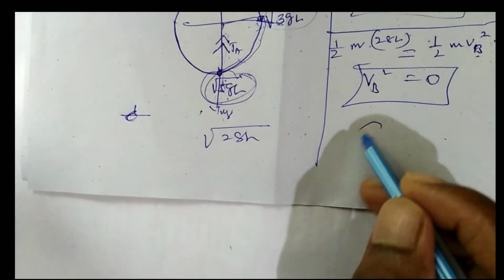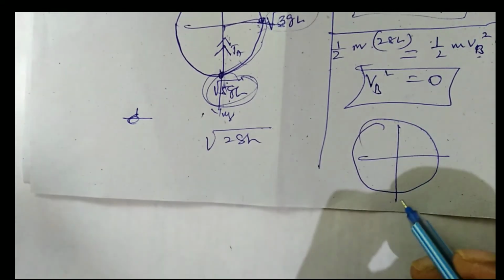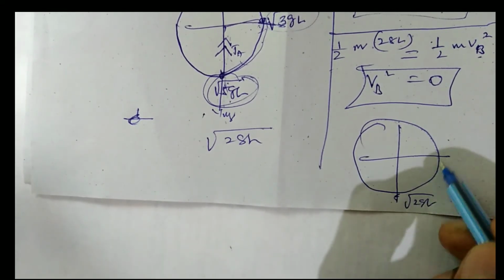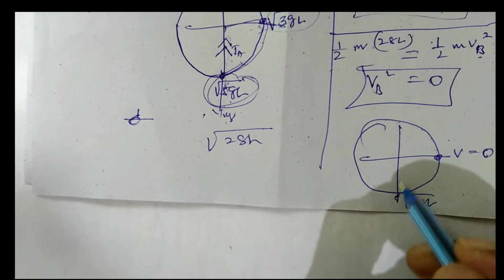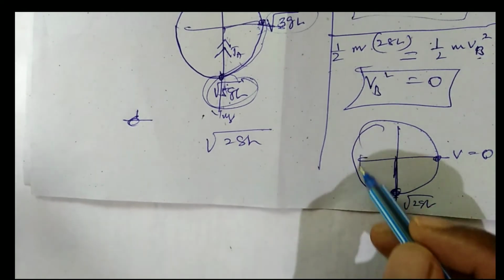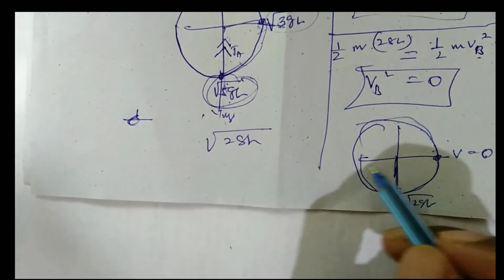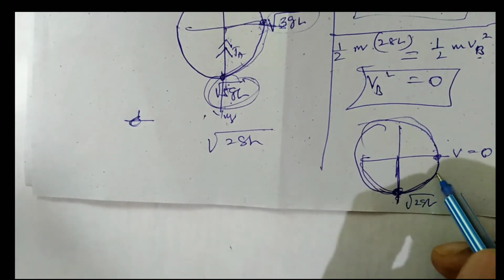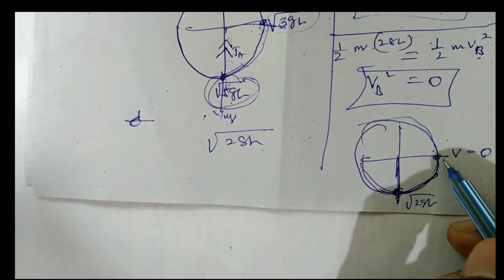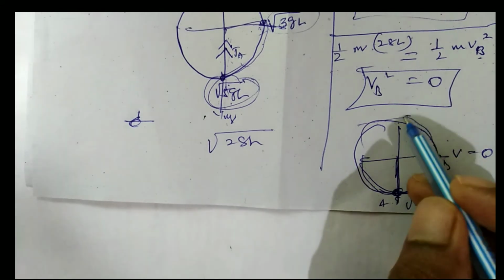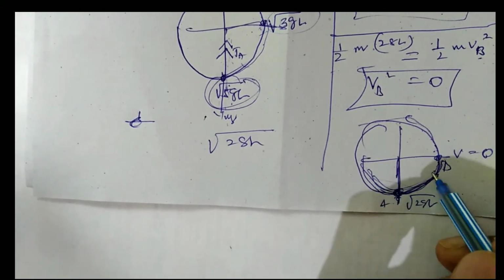If you are going to give velocity square root of 2gl, here the velocity becomes 0, means this object does not even go here, it completes just this moment, or I can write down A, B, C, A to B, and it will oscillate.